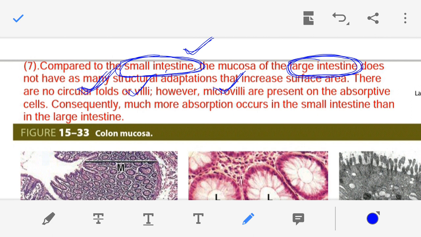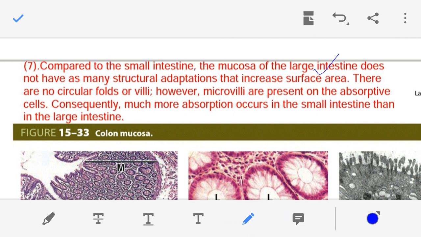What are these circular folds, villi and microvilli doing for the small intestine? They are increasing its surface area, so the small intestine can absorb the digested food material, the nutrients, very efficiently because it has a larger surface area.